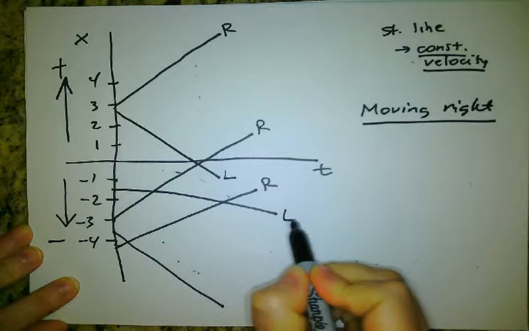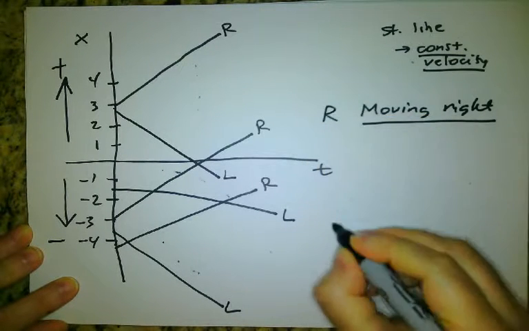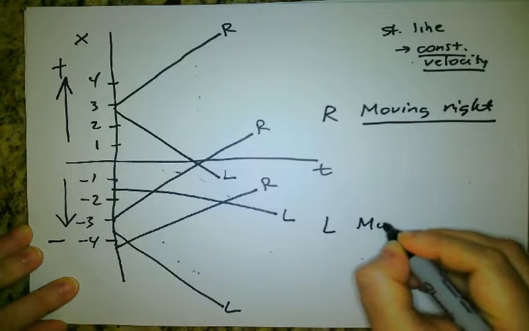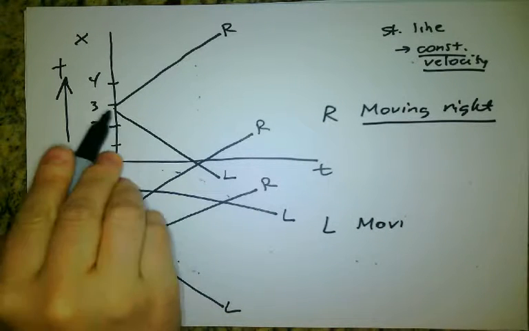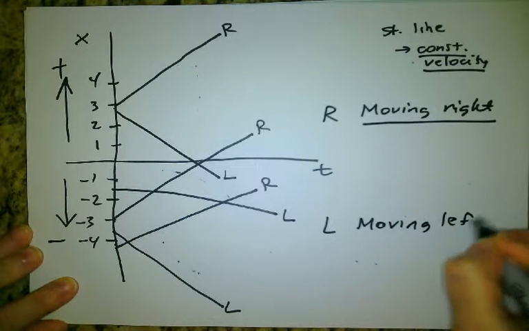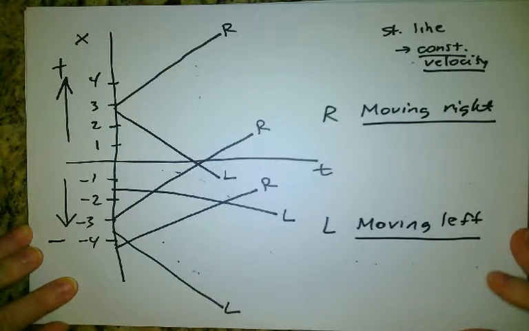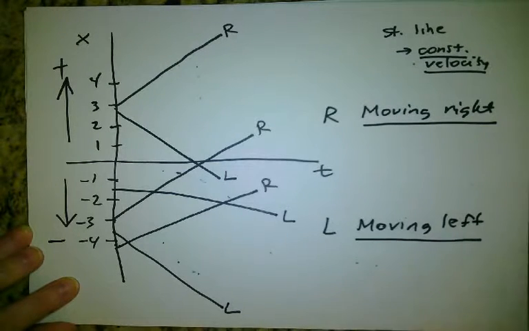This one I drew is moving left, because the position numbers are decreasing. See, they're getting smaller as I follow this graph. And all of these are constant velocities because they're straight lines.